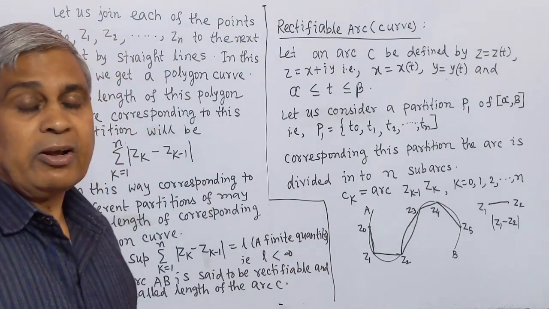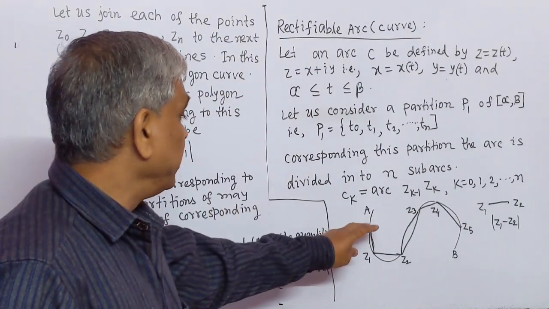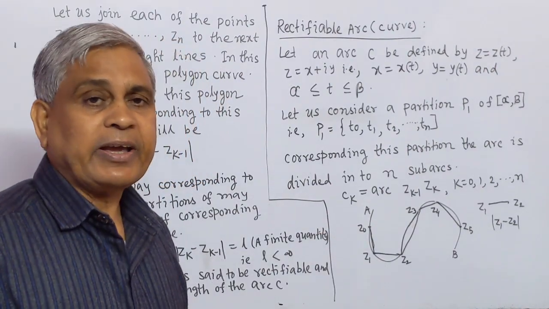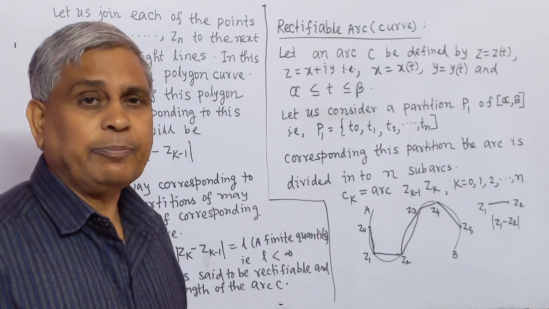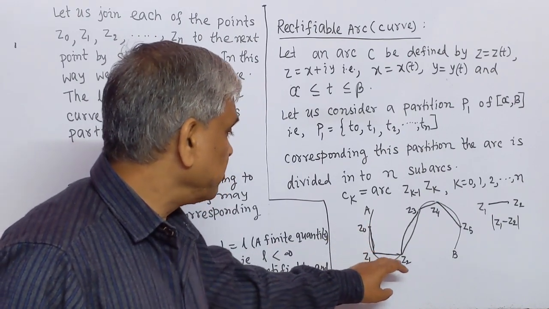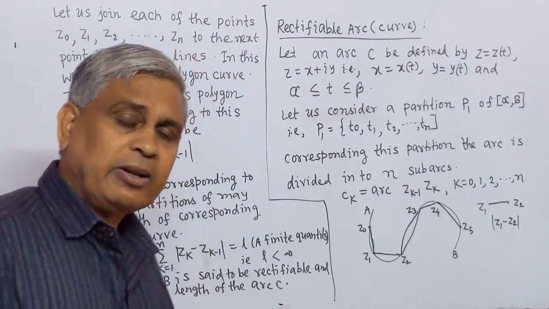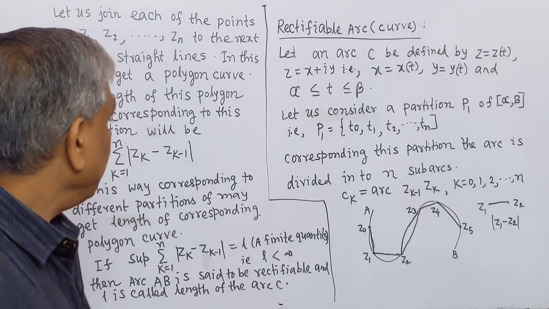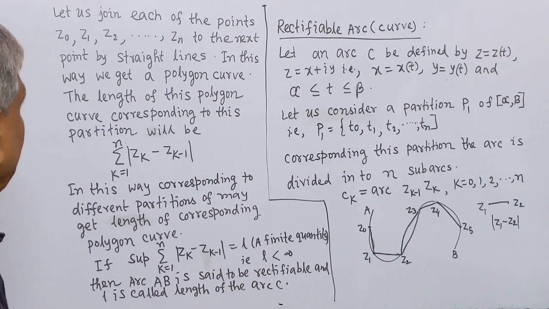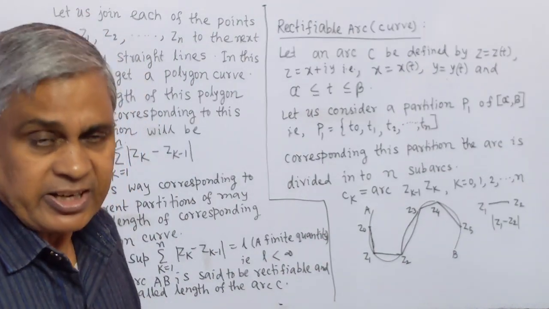In a similar manner, we may get different partitions with the help of other points, not z1, z2. Here we may take any point. In the similar manner, we get different partitions, and similarly we may get different values of the length of the polygon curve corresponding to each partition.